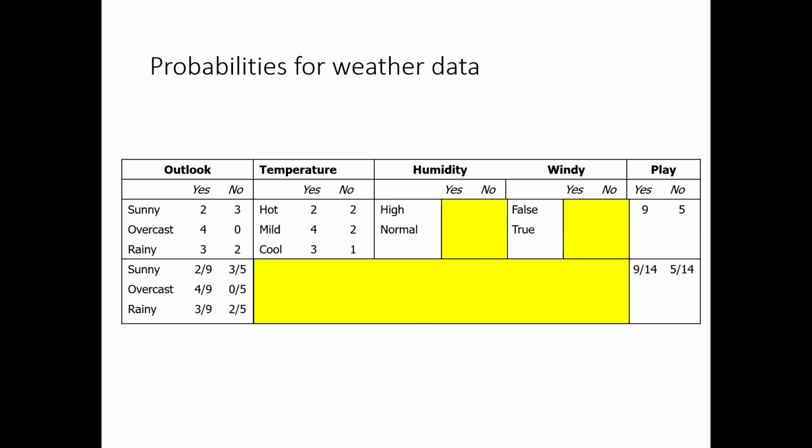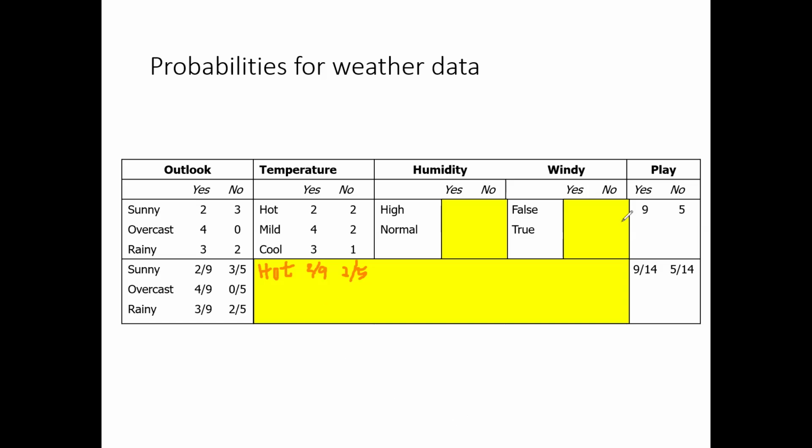What is the value given hot? Yes, as Prasad says, this is the positive. We have 9 instances. Out of 9, there are 2 instances under hot. For no, the total count is 5. So the probability is 2 divided by 5. And you can continue the same.